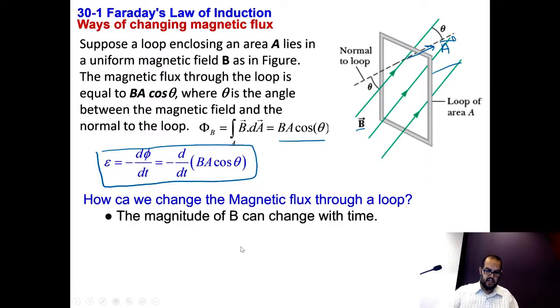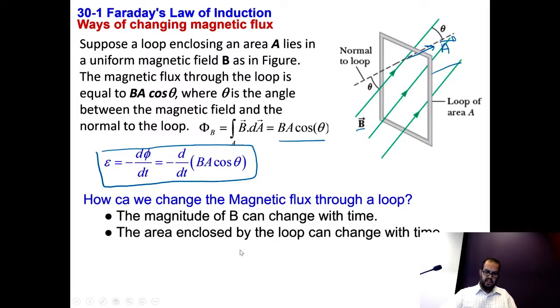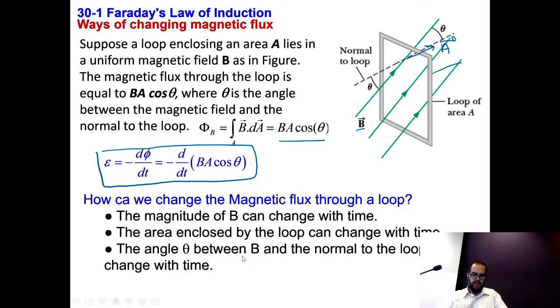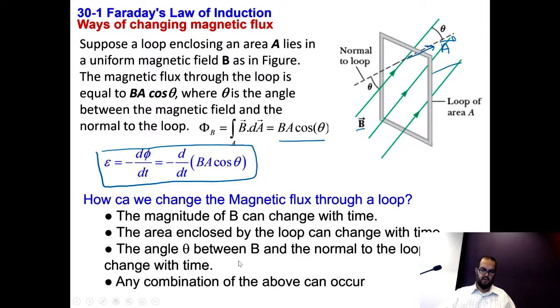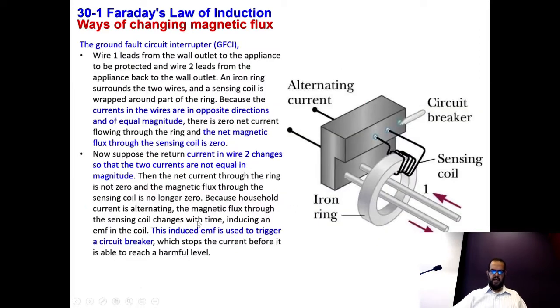So we can either change the magnetic field, we can change the area enclosed in the loop, or we can change the angle theta between the normal to the loop and the field, or you can do a combination of these. You can change both the magnetic field and the rotation, for example. So you can generate stronger or weaker EMF depending on how they are changing.